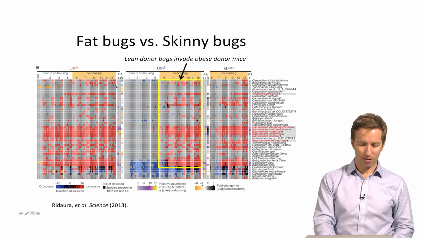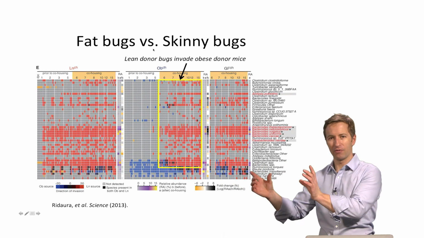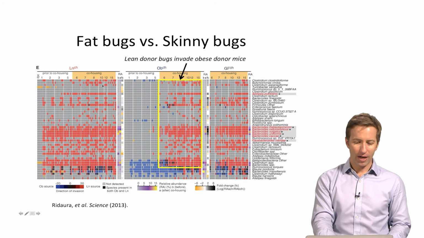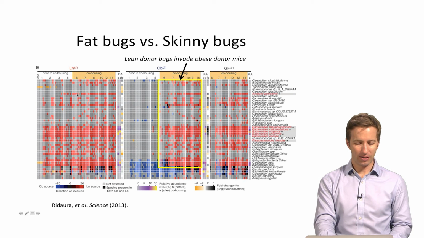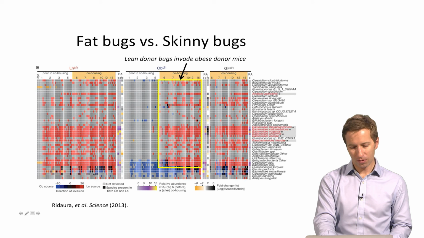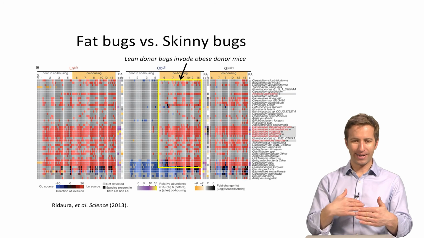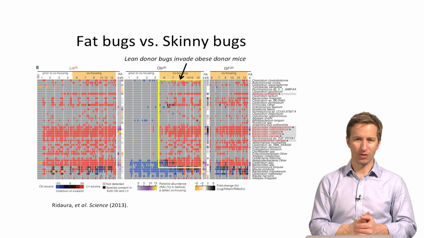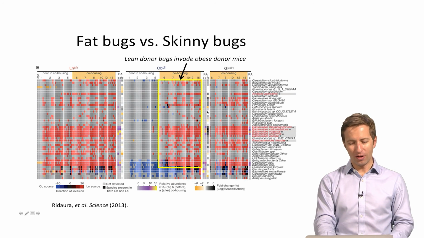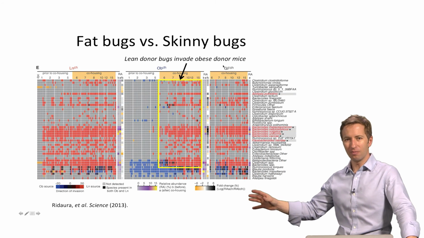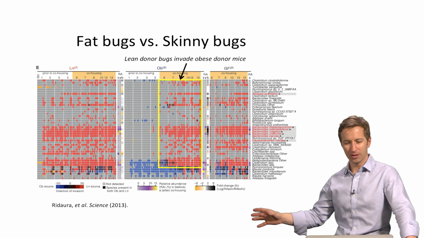Then they co-housed the mice. So that's the second half of each of those blocks with the yellow or the orange bar at the top. So what happened? Let's see. In the lean donor mice, they kept most of their bugs. There was one or two obese donor bugs that during the co-housing got into the lean donor mice. But the obese donor mice were almost completely invaded by all of the lean donor bugs.